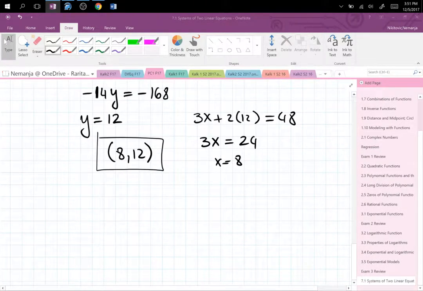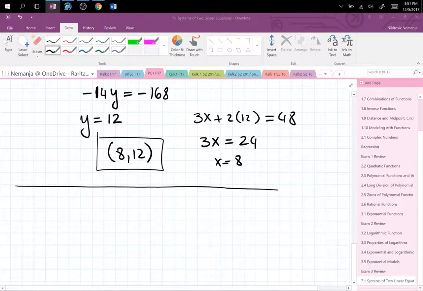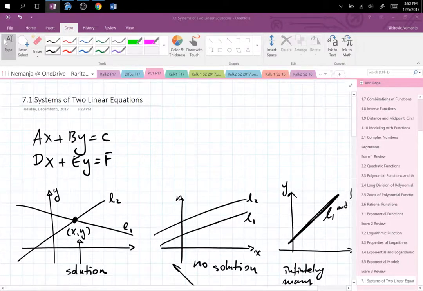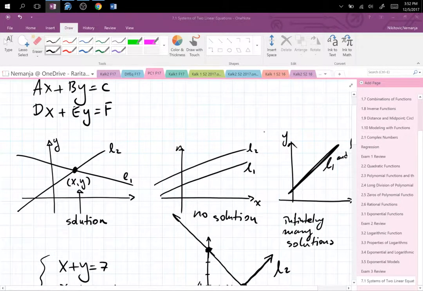Now, there is a cheap and easy way to see if we have any of the other two cases where you have either no solution or you have infinitely many solutions. And those methods all involve spotting that the slope is the same. If you look at my pictures over here, line 1 and line 2 in both of these have the same slope.